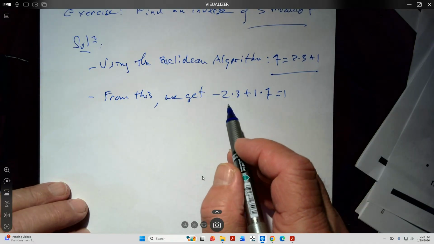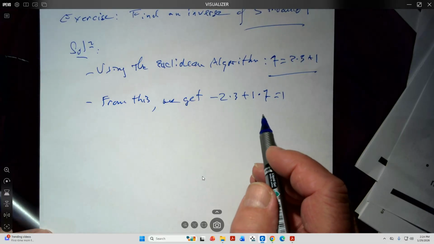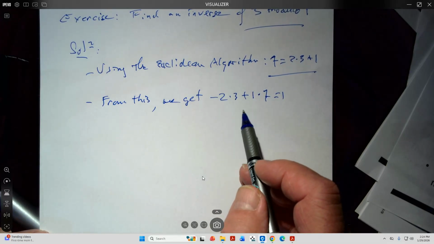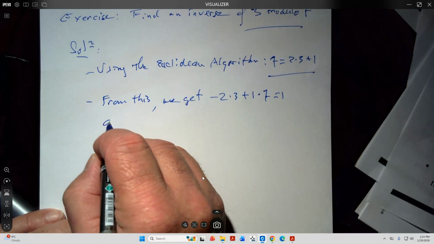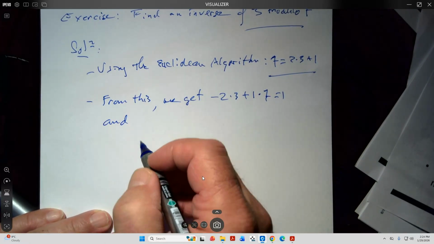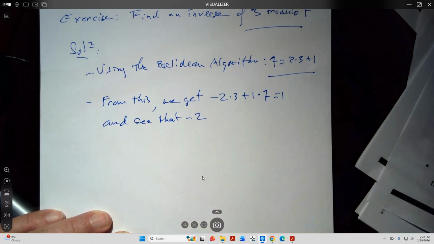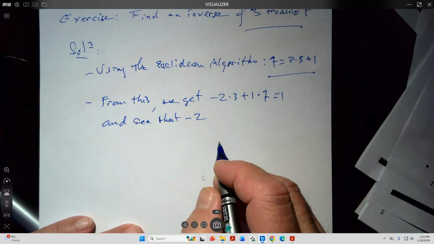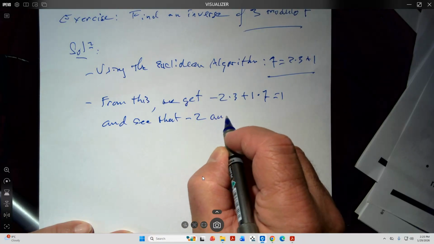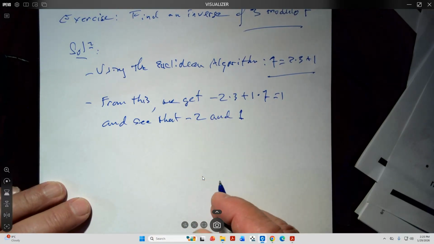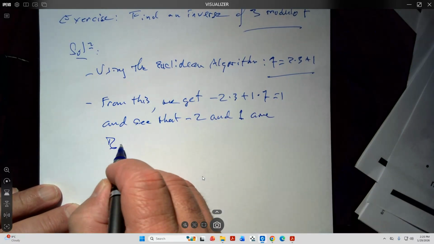Okay, 2 times 3 is 6, and 1 times 7 is 7. Good. So see that minus 2 and 1 are Bézout's coefficients. Remember we talked about those? Bézout's.